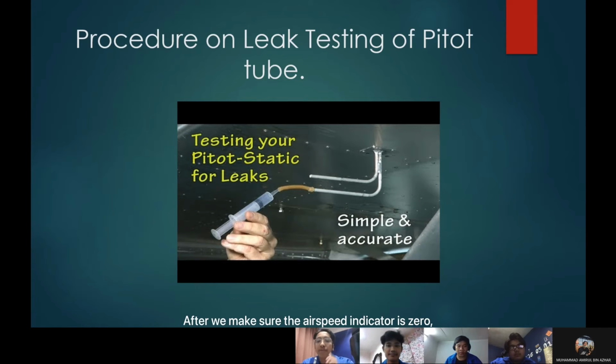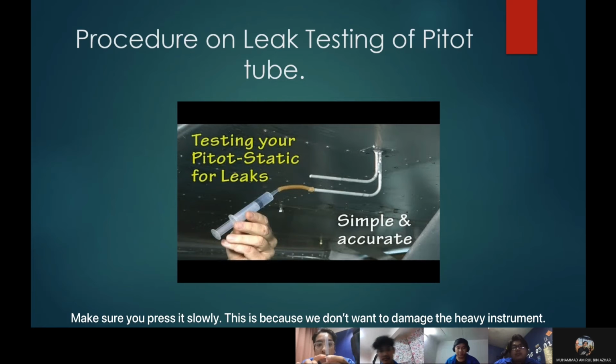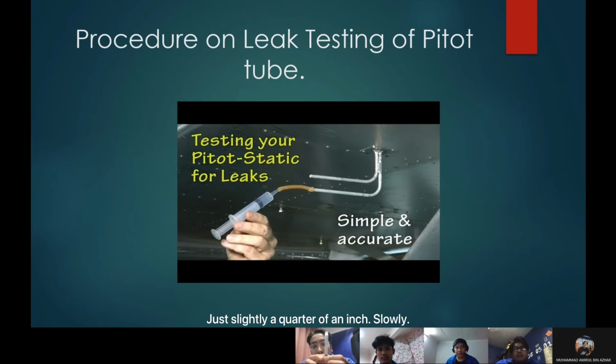Okay, then after we've confirmed that the airspeed indicator is at 0, take the syringe and slowly press the syringe, but only press it approximately a quarter of an inch. Make sure you press it slowly. This is because we don't want to damage any instruments. So just slightly press it a quarter of an inch slowly.